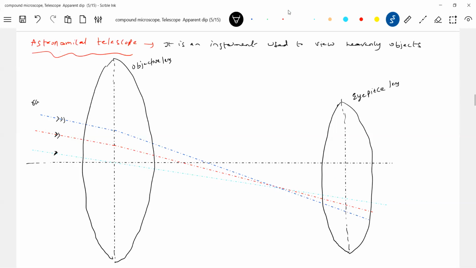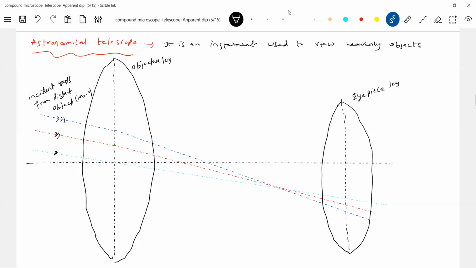These are the incident rays from a distant object, a far away object, or a heavenly object, say from the moon. Let me take a good example. The distant object is, say, the moon. We are viewing the moon.